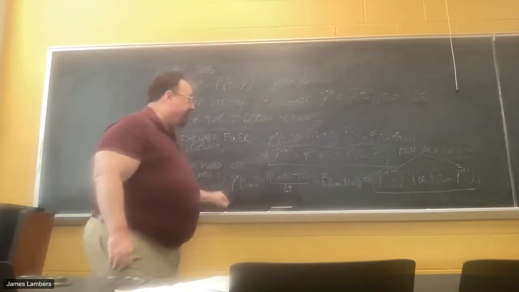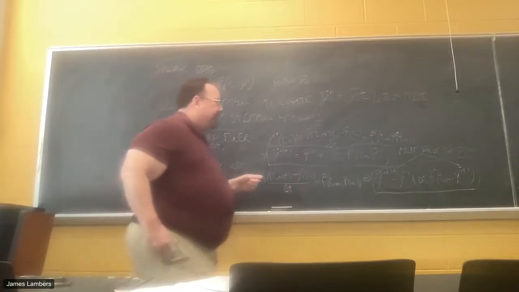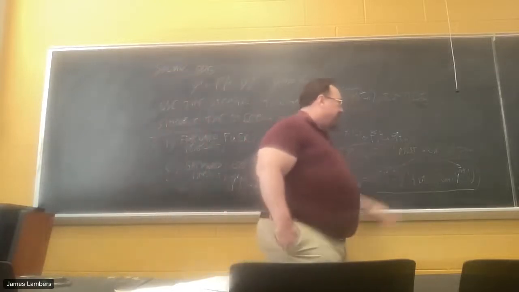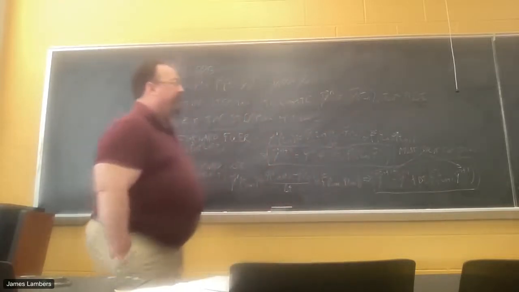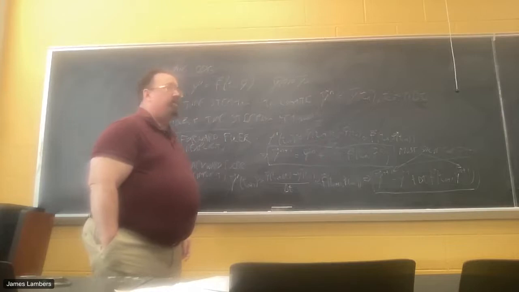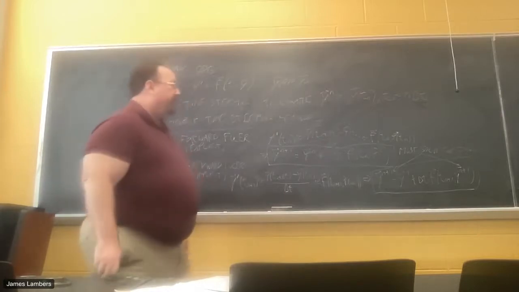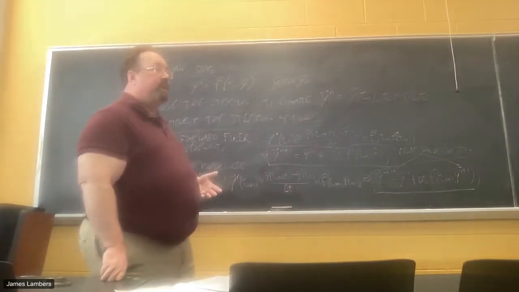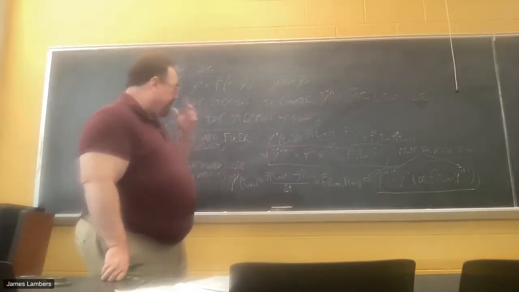And you can see from this example here that if I need to use some iteration to get y_{n+1}, an implicit method is a lot more work per time step than an explicit method. That's not always true. It really just depends on the problem.